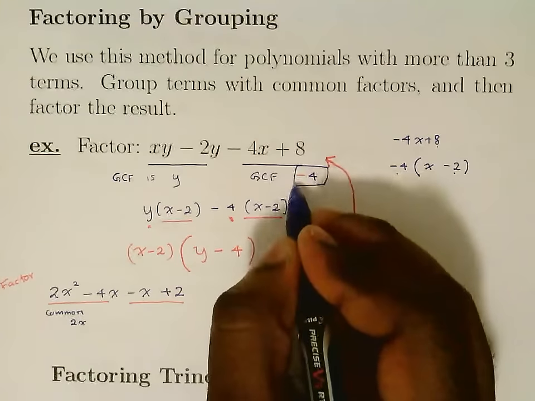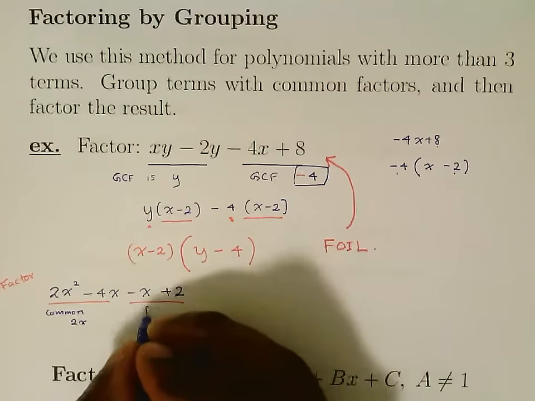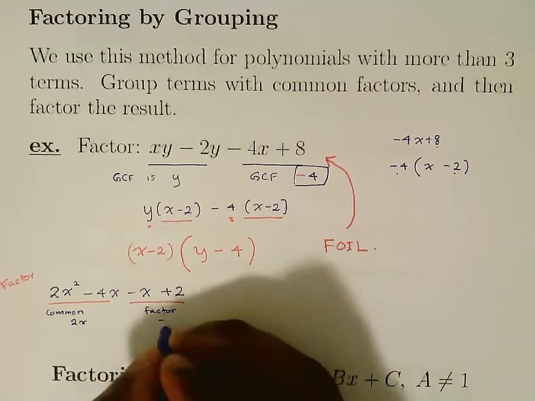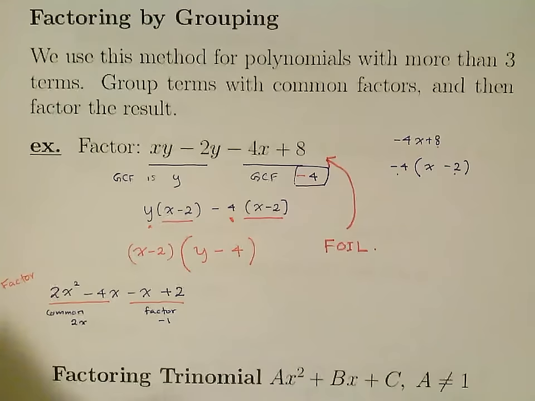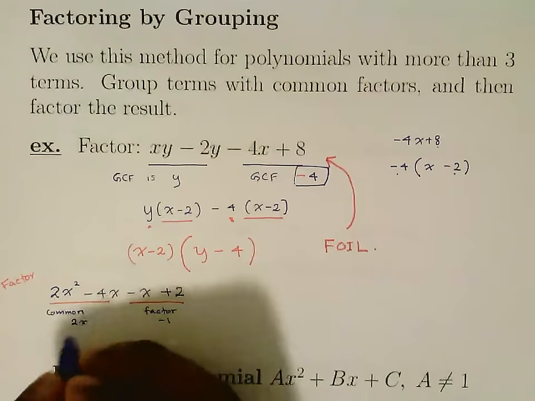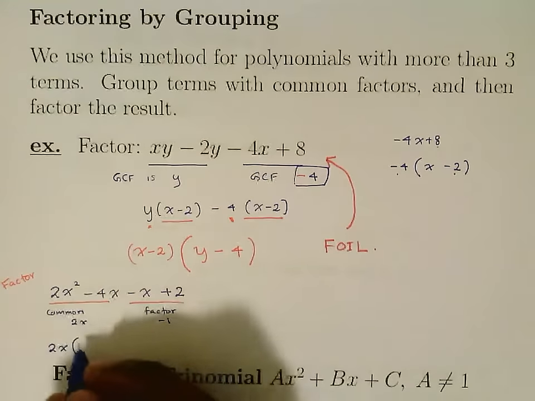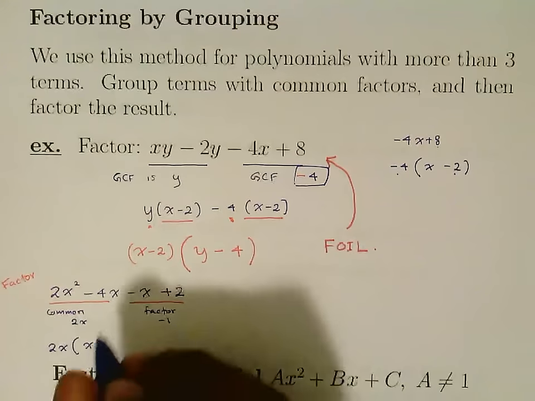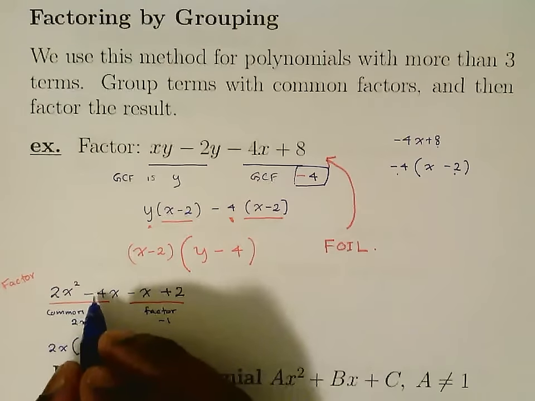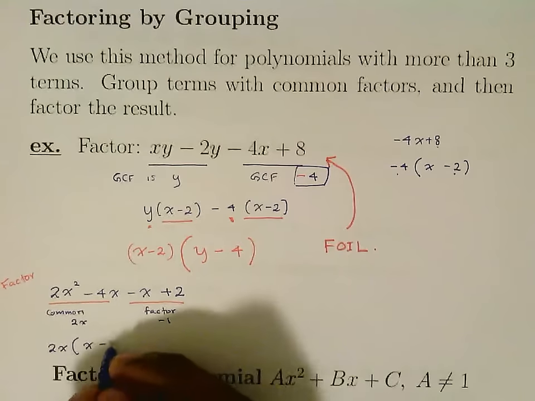You can look at right here, that is the same idea I'm using here. So let's say the factor is -1. Okay, so this is quite easy. You take out 2x. So from the first term, there's only 1x remaining. From the second term, you had -4x, you took out 2x, so you just have -2.